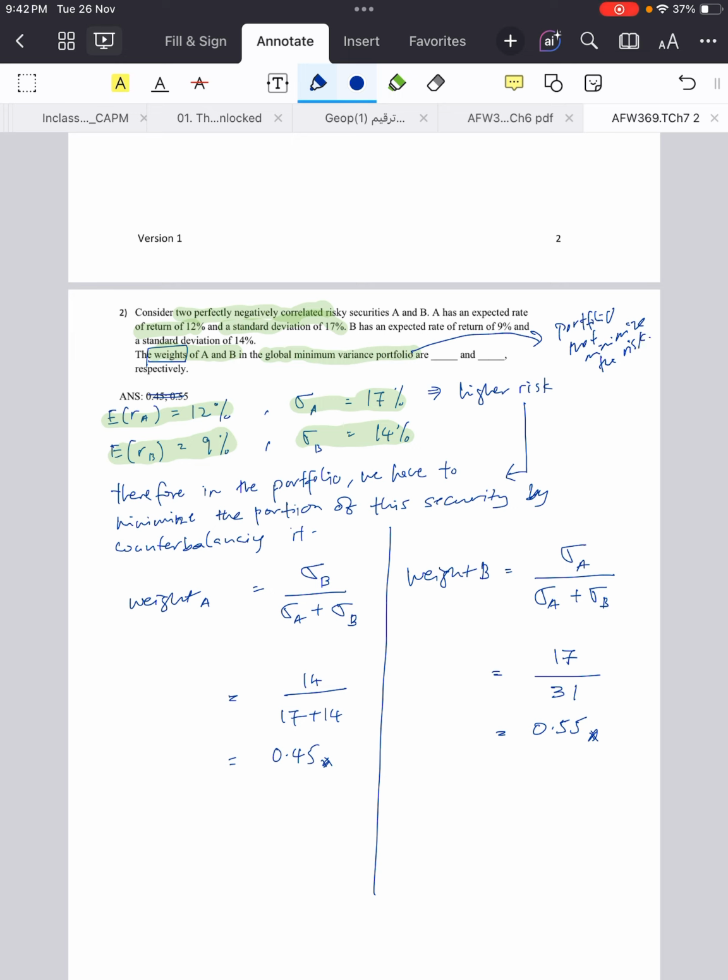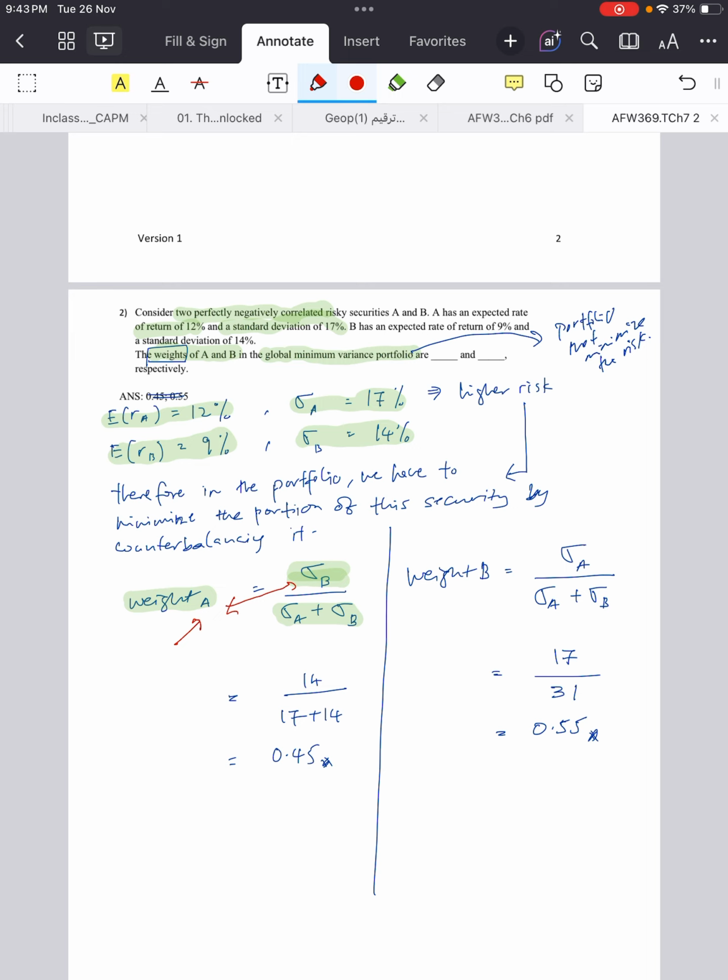In order to calculate the weight of A, for example, you need to do standard deviation B divided by the total of the standard deviations. You might want to ask, why is it B and not A? Because we have to minimize the portion of A, the riskier security.